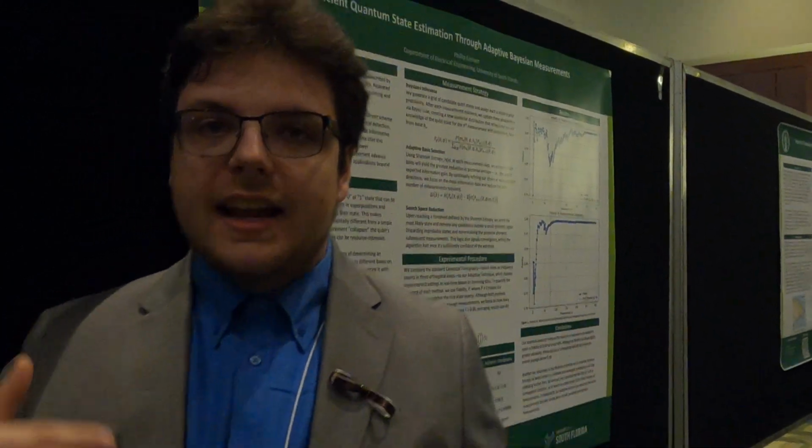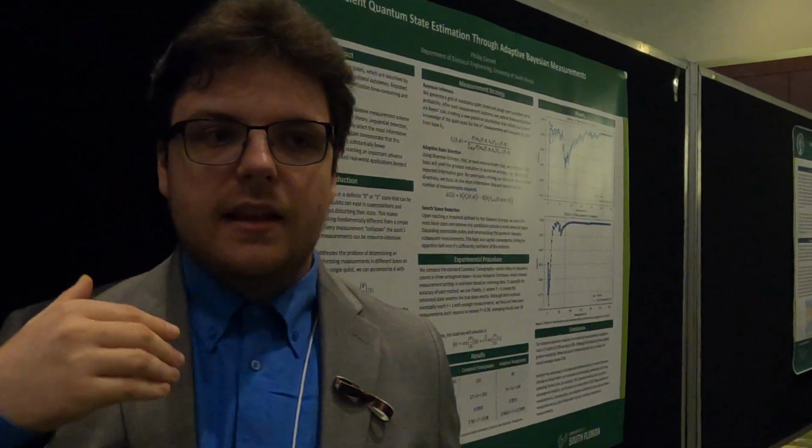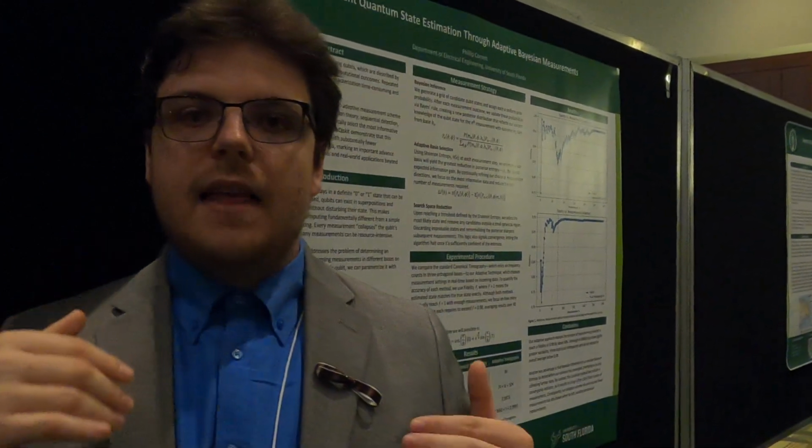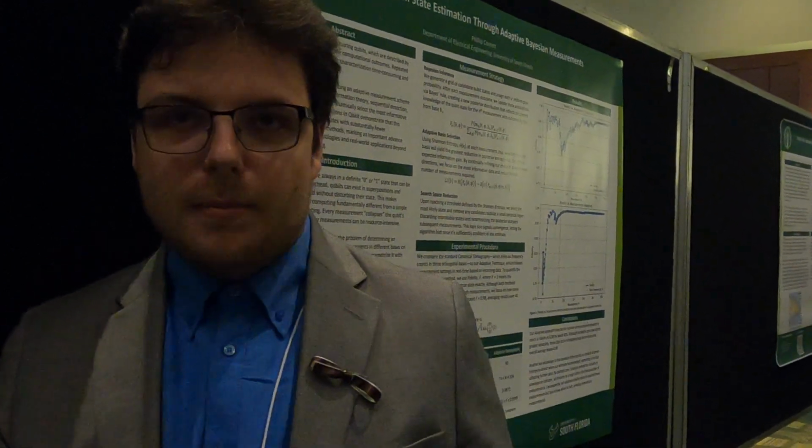That would give you a skewed view of what your state is. You might think you're looking at a 50-50, 1 versus 0, when in fact your real state is actually 80-20. Now, in order to get around this unluckiness, in canonical tomography, they just overpower it with raw numbers. They'll take 1,000 or 2,000 measurements, so that even if they are unlucky at some parts, it doesn't matter. They'll still get an accurate estimation of the state.